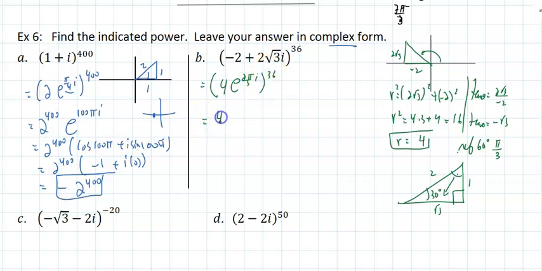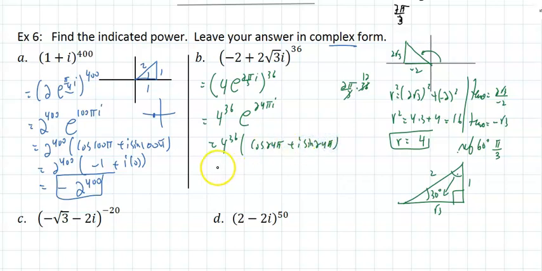That is 4 raised to the 36 e. If I take 2 pi over 3 and multiply it by 36, that divides 12 times, and that will be 24 pi i. That is 4 to the 36, the cosine of 24 pi, plus i the sine of 24 pi.